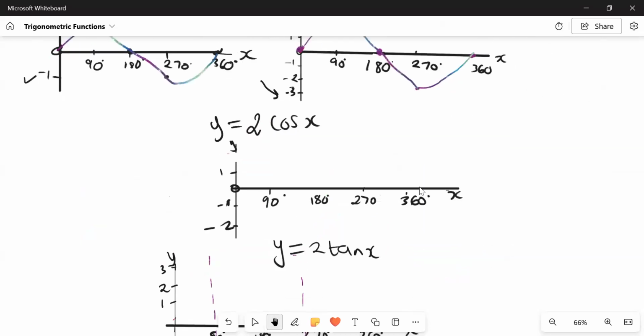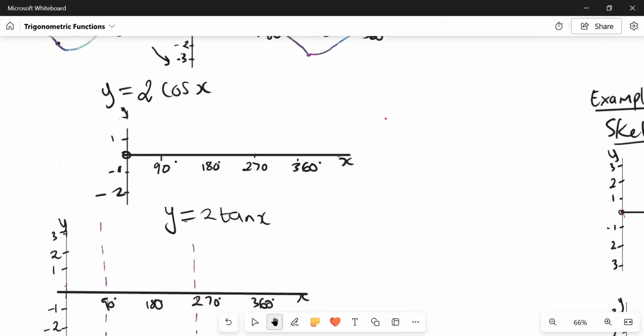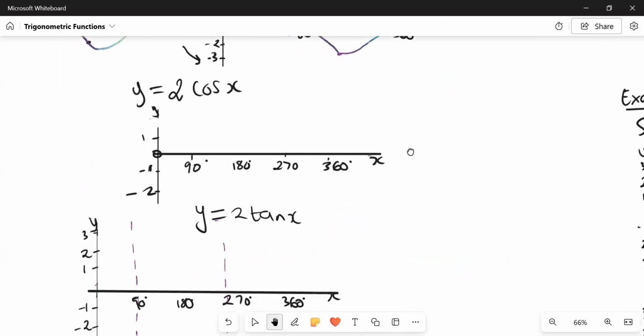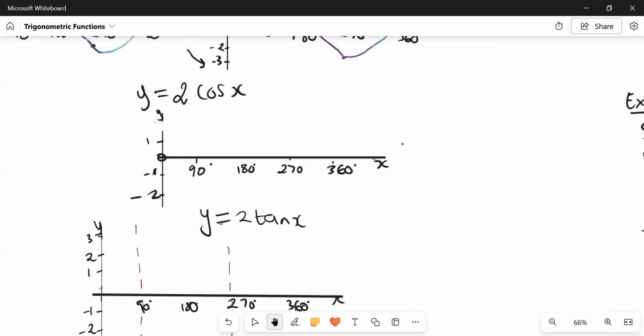Same applies to 2 cos x. So for 2 cos x, again, we'll do the same thing. For 2 cos x, okay, this is 2. At 0 you'll have 2, and then 90, 0, 180, -2, 270 is at 0, and then 360 is at 2.